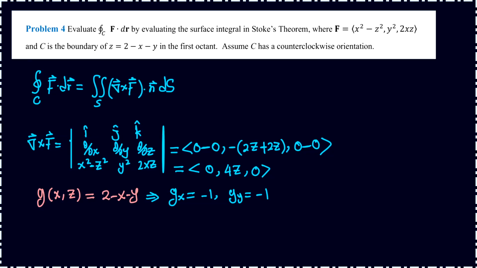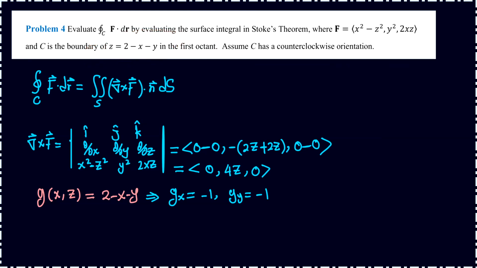Okay, so the next thing we need is the projection of our surface onto the xy plane. To find that projection, we're in the first octant, by the way, that's good. Okay, so you want the trace, right?